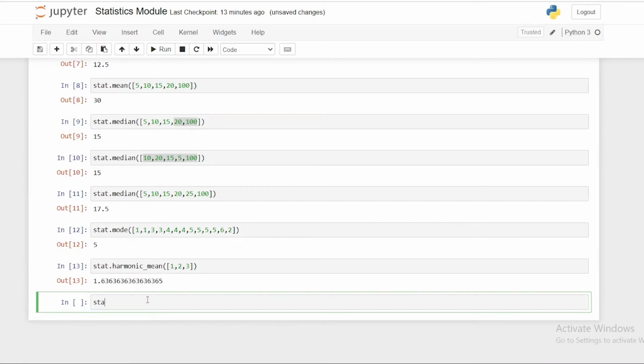So next we are going to find the standard deviation, which is denoted by stdev in Python. Let's take the same set of values which we had earlier, 1, 2, 3, and let's find the standard deviation.